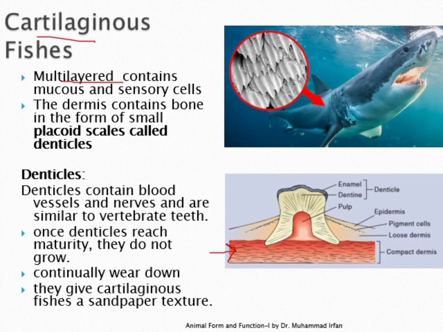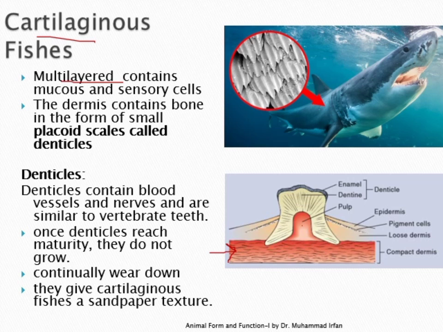This layer of connective tissue is called dermis, and inside this dermis grow placoid scales. Placoid means they are tooth-shaped, like vertebrate teeth. And these placoid scales are also called dermal denticles. They grow from the dermis, that is connective tissue, and then they appear from the epidermis.